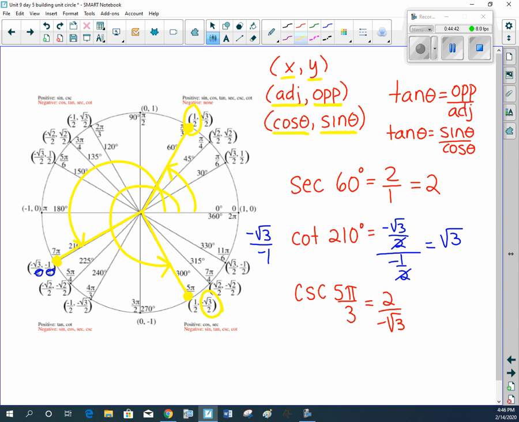I just did the reciprocal. Okay, we need to fix that. You can't leave the answer like that. So number one, you don't have a negative in the bottom, and then you need to rationalize. So you end up with negative 2 root 3 over 3. So that's the answer.